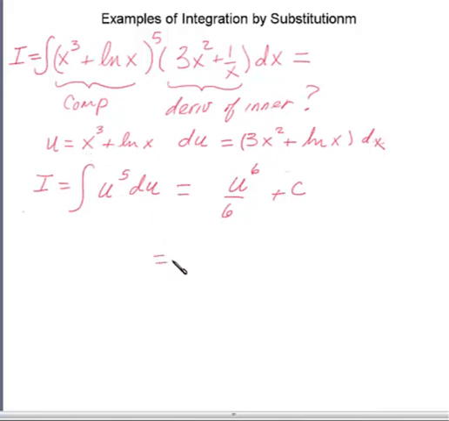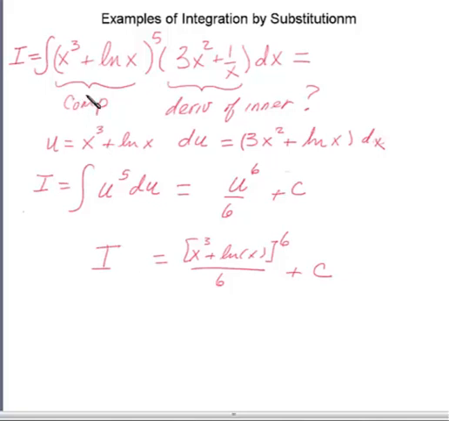So this is then equal to x cubed plus the natural log of x, divided by 6, and all of that numerator to the 6th power, plus an arbitrary constant. So there we have a final version of I.